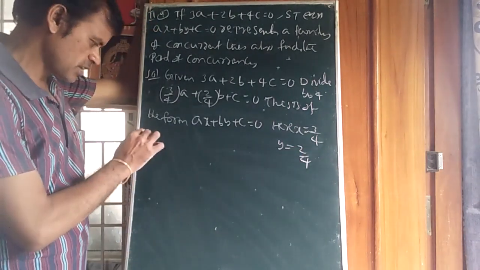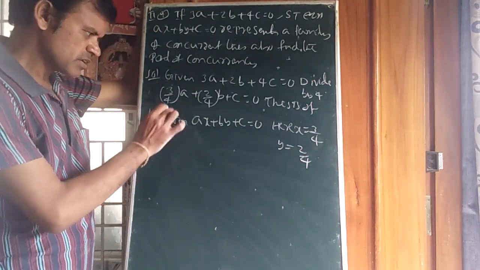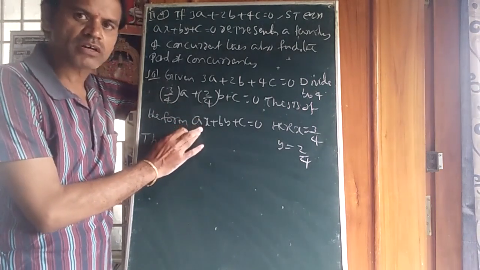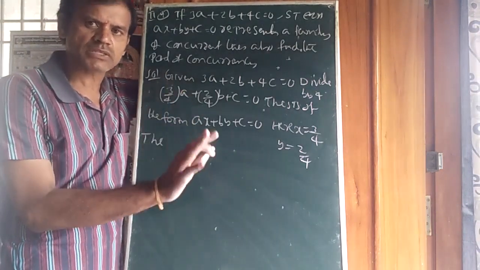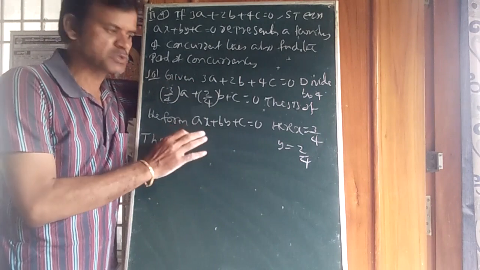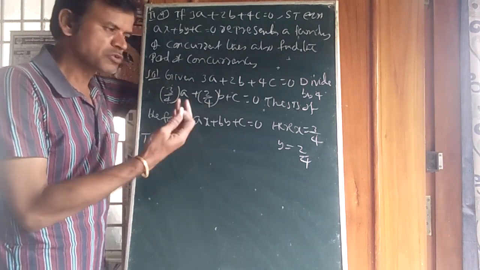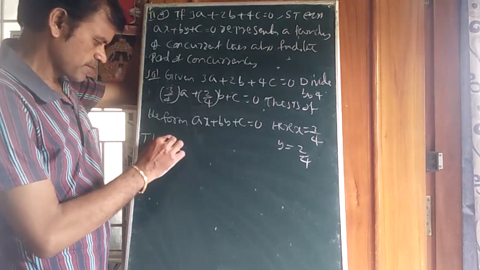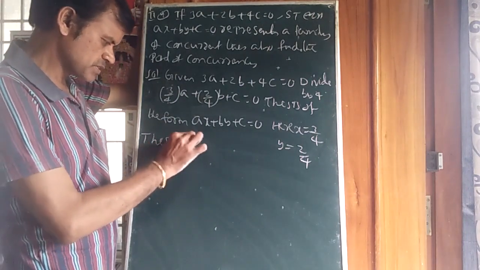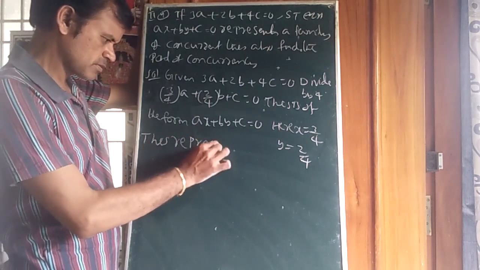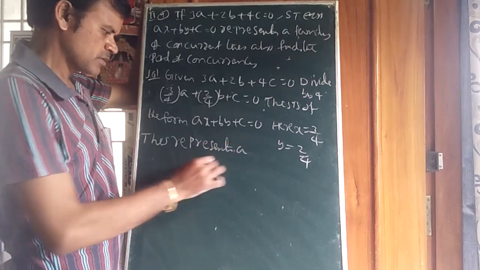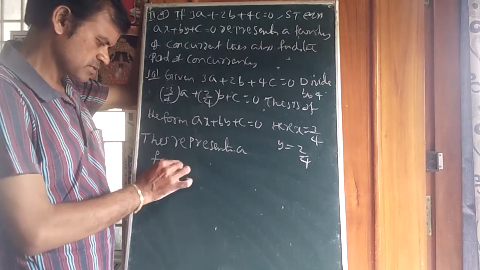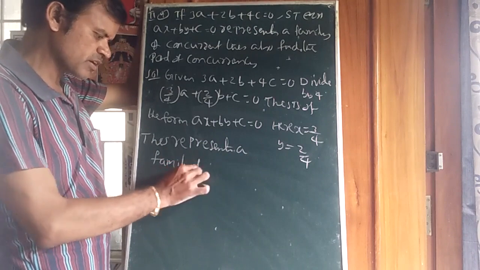Whatever the value beside a is x, and whatever the value beside b is y. So you can think that this line represents a family of straight lines, a family of concurrent lines.